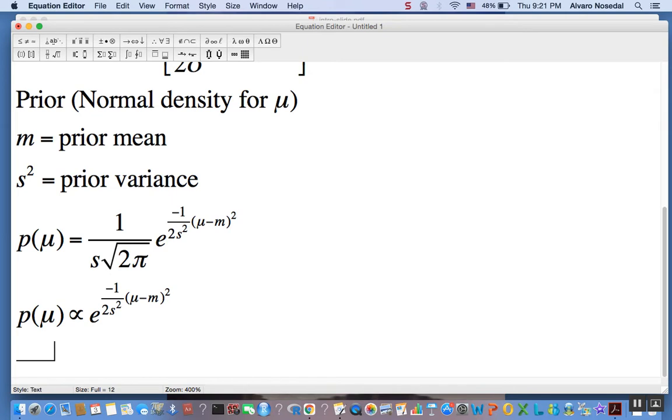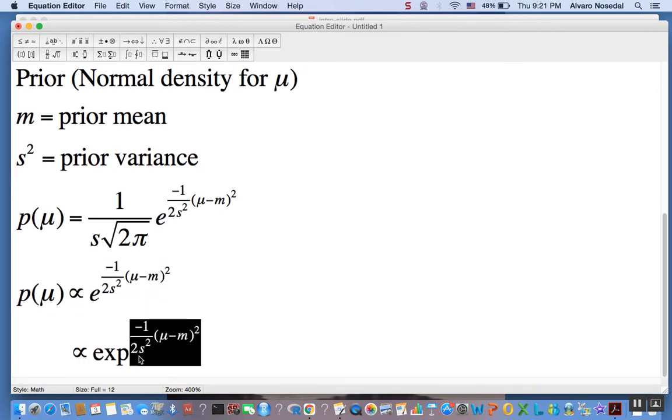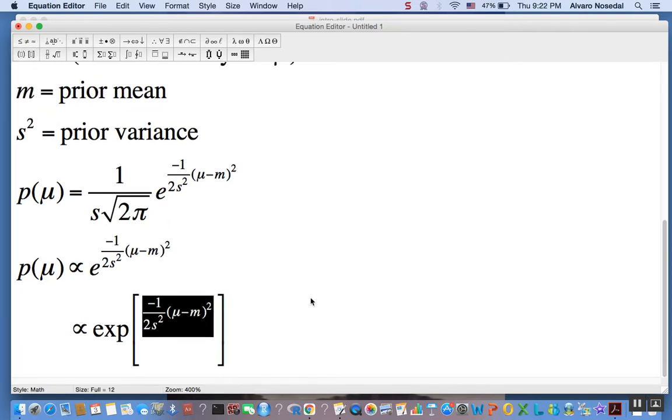And using that notation exp, it would look something like this. So e to that power. Make sense? Okay.